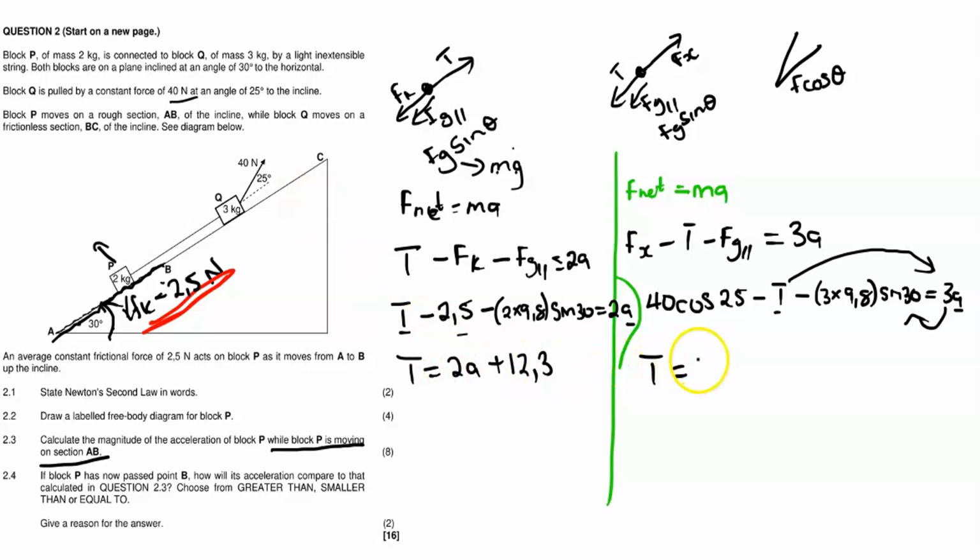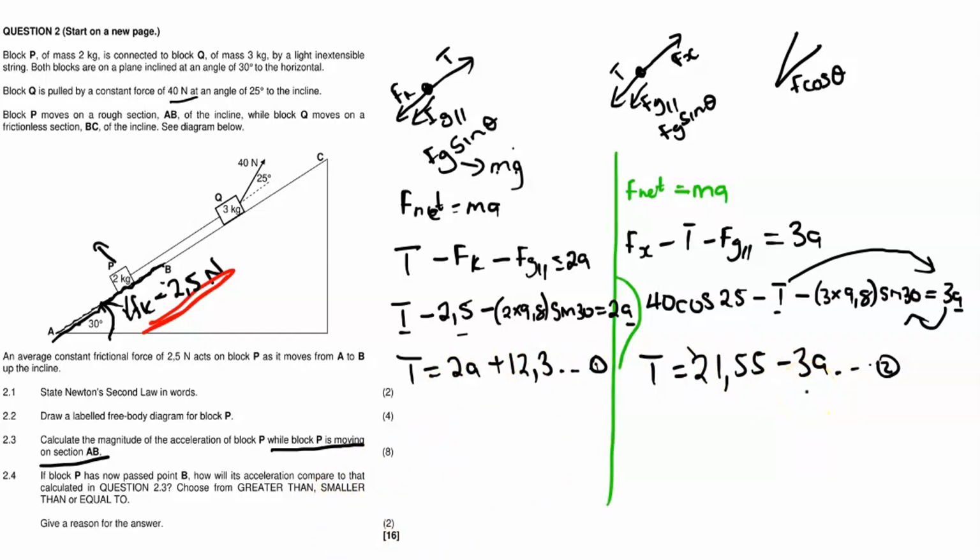Now I do not like rounding off until I get to the final answer, so let me just punch the 40 cos 25 minus 3 times 9.8 sine 30. So it gives us 21.55 minus 3a.